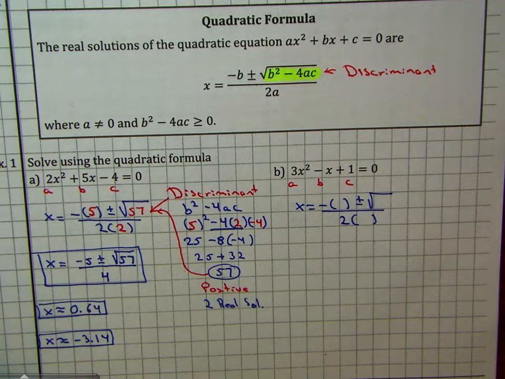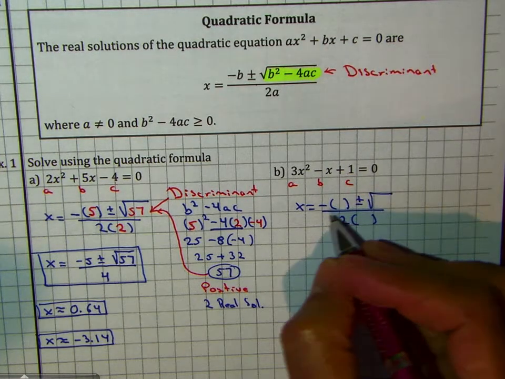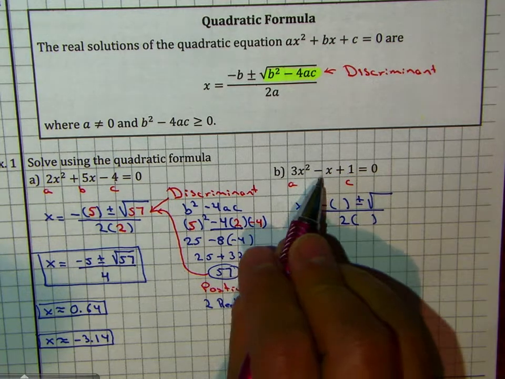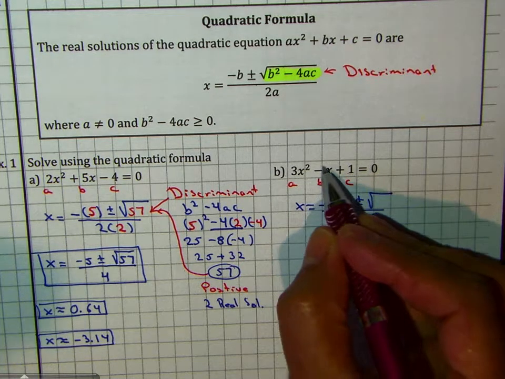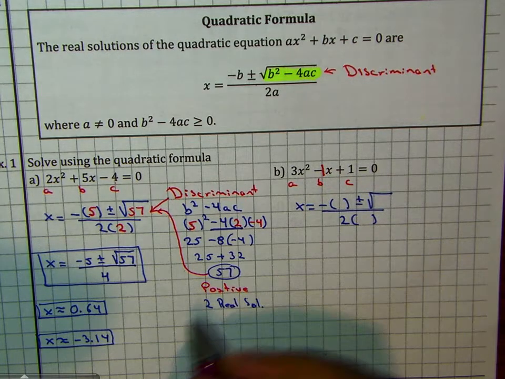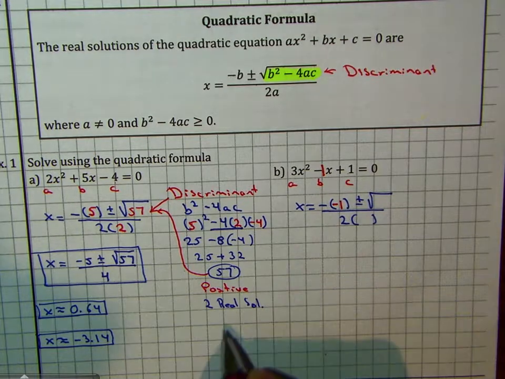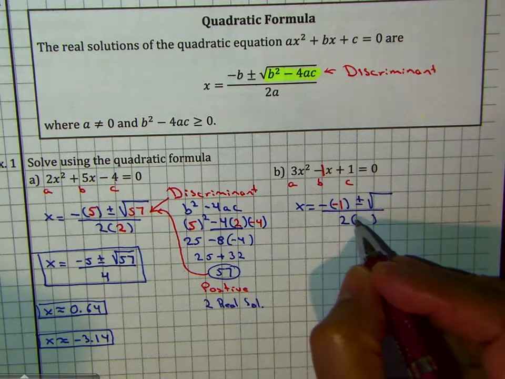I prefer to set up that part first. So x equals opposite b. There's no coefficient here, but we know that there's a 1 hiding from us. So x equals negative 1 all over 2a, which is 3.